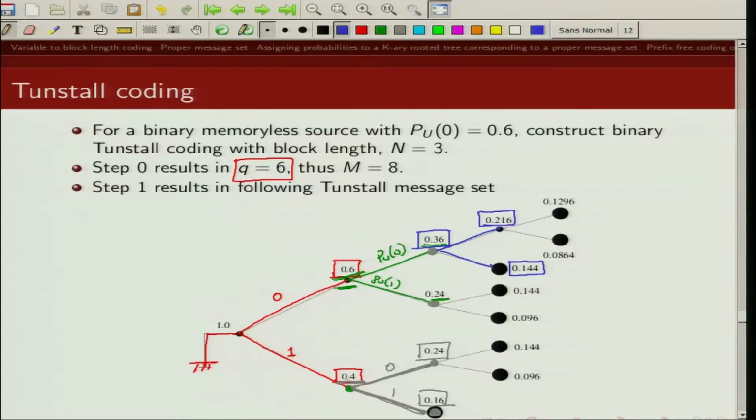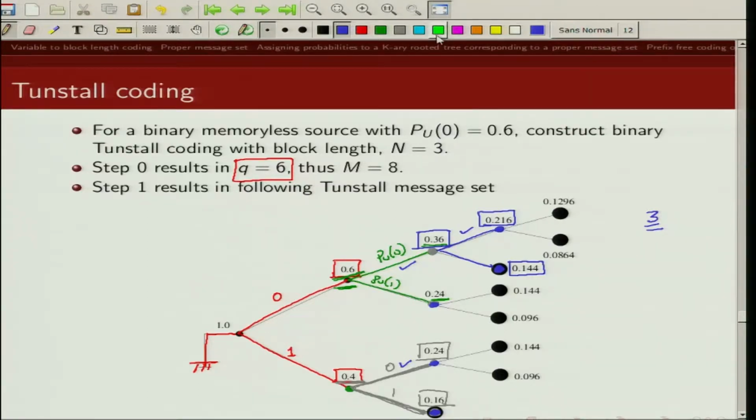So at the end of the third extension, I have these leaves: 0.216, 0.144, 0.24, 0.24 and 0.16. Three extensions are done. The first was shown in green, the second in grey, and the third in blue.